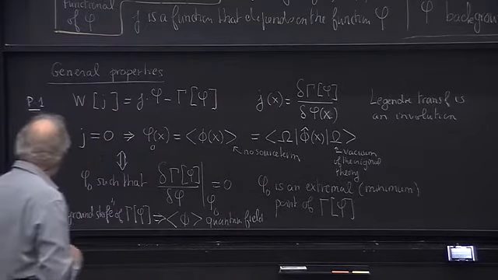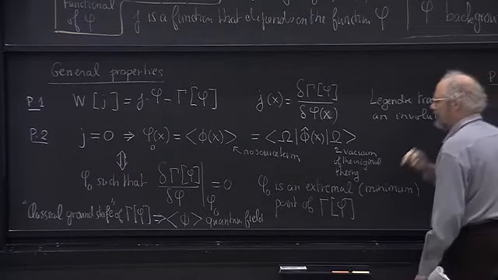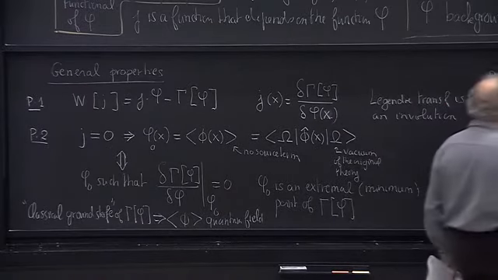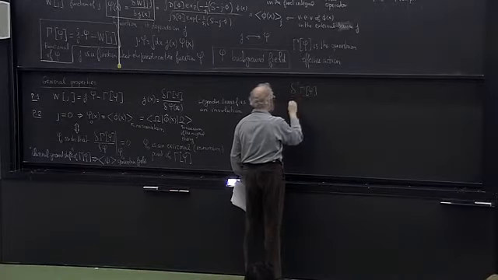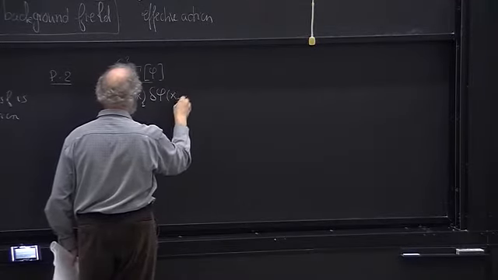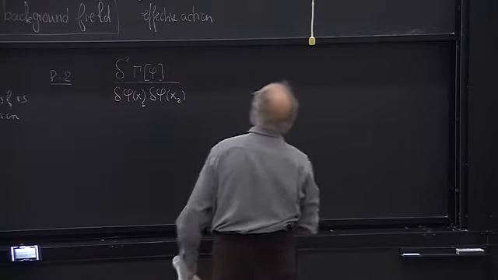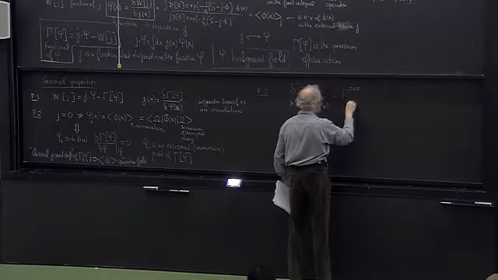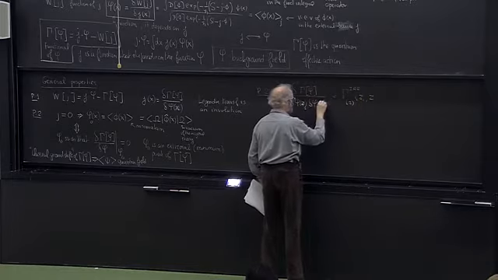And property 3, that I'm not going to show, is simply that if you consider the second derivative of gamma of phi at two different points, phi of x1 and phi of x2, then from my definition in here, this corresponds to the value of the irreducible two-point function at the points, let's call them z1 and z2.